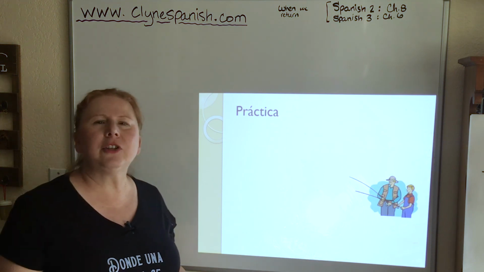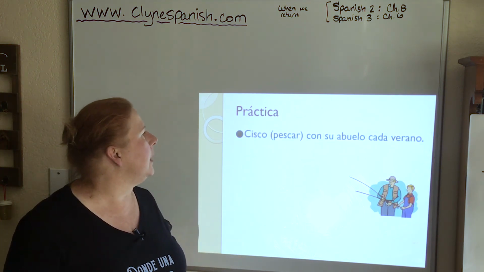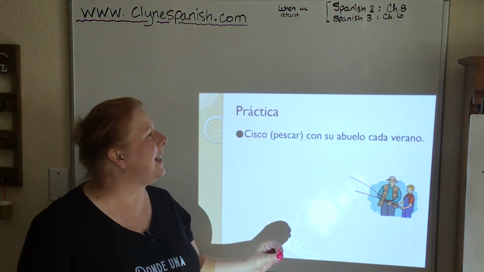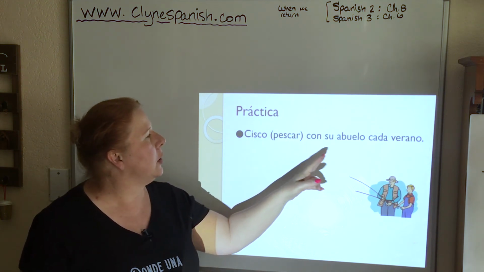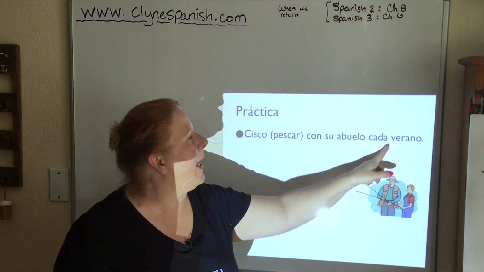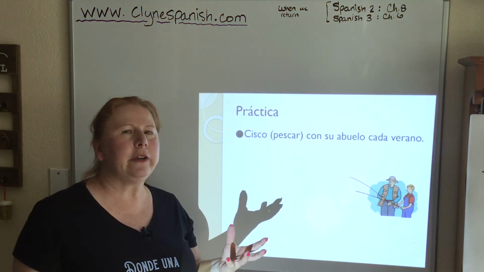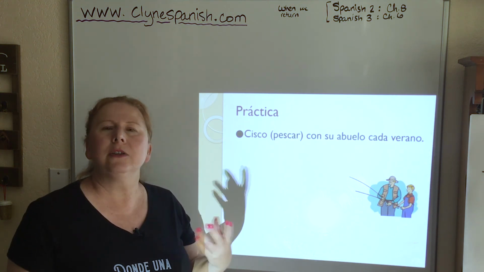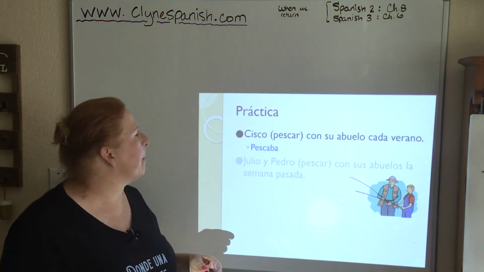Okay, let's just finish up here with a little bit of practice and see if you got it. So Cisco pescar con su abuelo cada verano. So Cisco, and then we have to fish with his grandfather every summer. So first of all, which one are you going to use? If it's every summer, it's a repeated action, right? So you've got the imperfect, right? So pescaba.